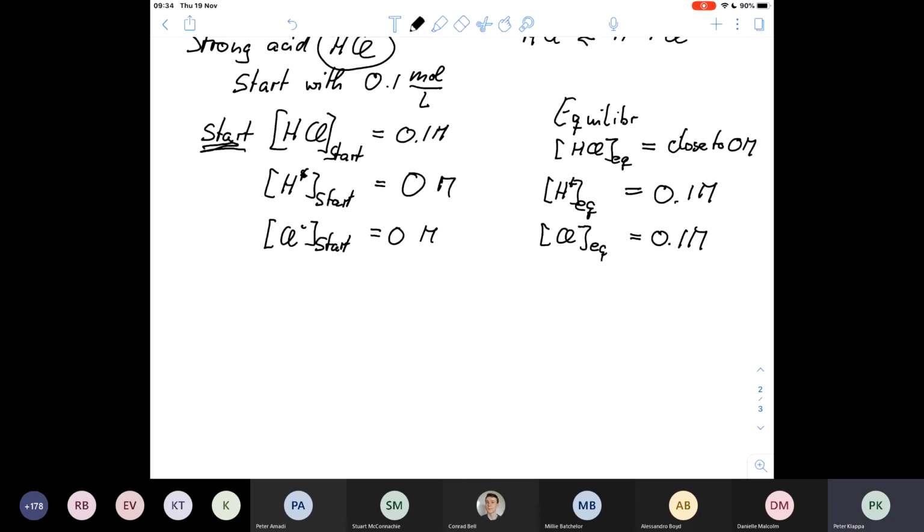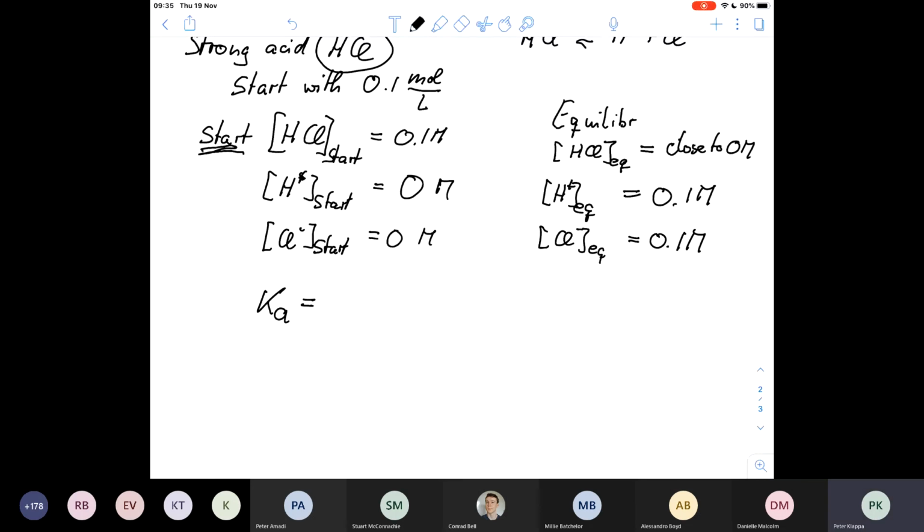Now let's put that into our Ka. We said Ka equals our H plus Cl minus, and that's all at equilibrium, divided by HCl at equilibrium.